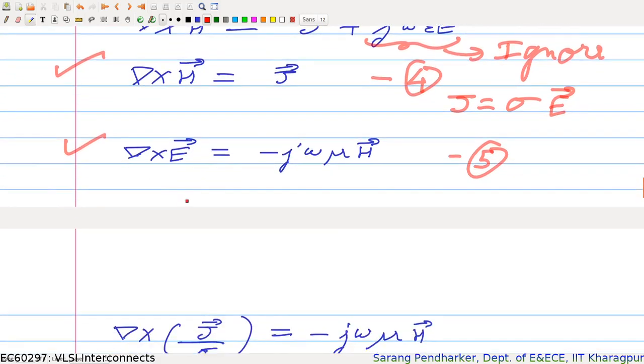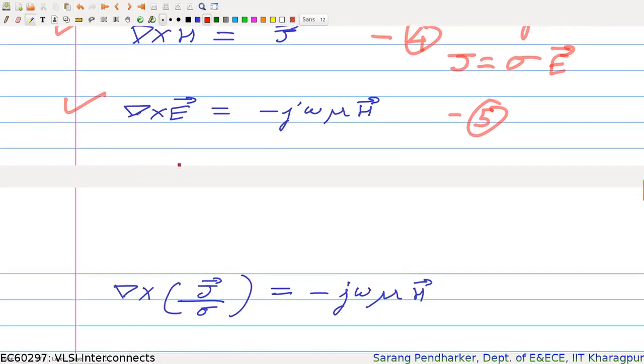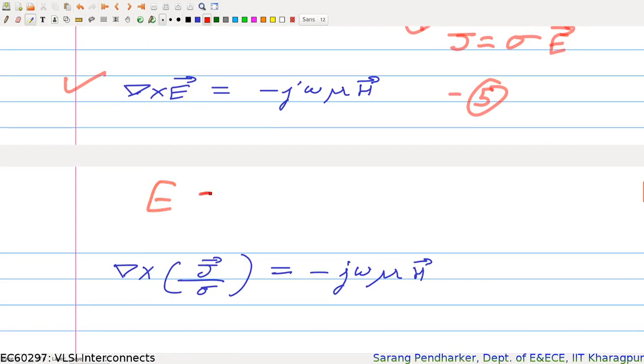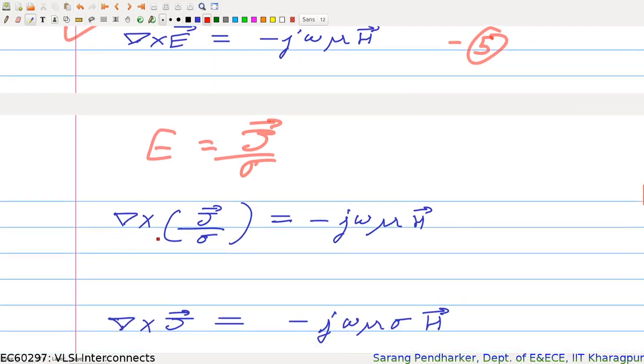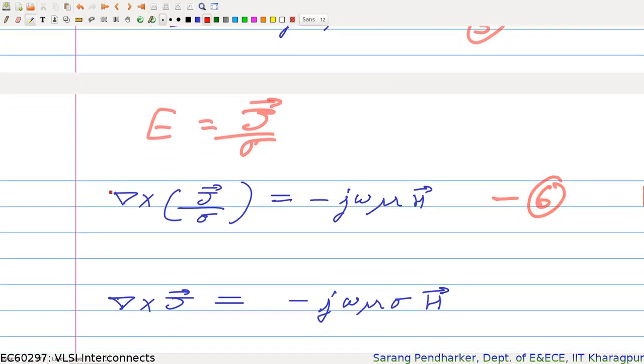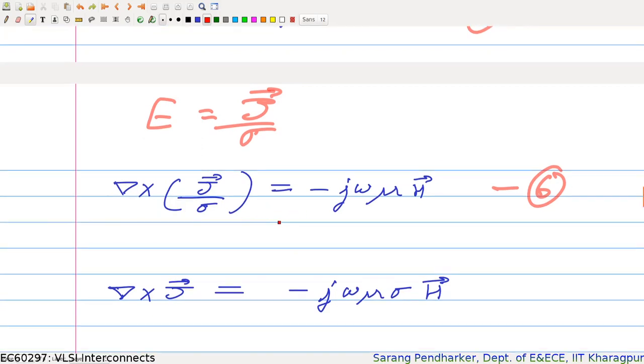Eliminating E is simple. I just replace E by J by sigma. So that's what I have done here. So I have this as equation number 6. Let me not highlight every equation.